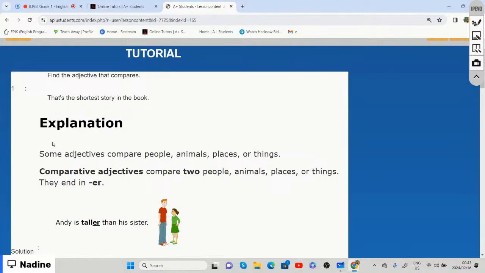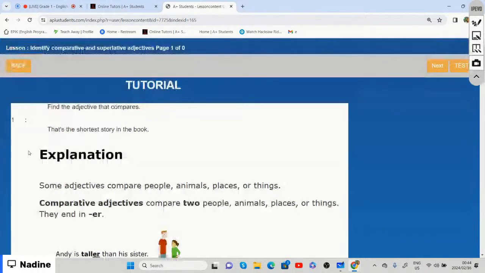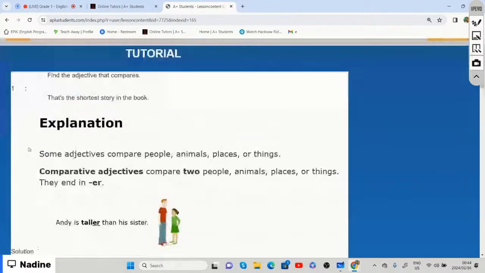And we say that some adjectives compare people, animals, places, or things. And when it comes to comparative adjectives, it means that you're only comparing two people, animals, places, or things.